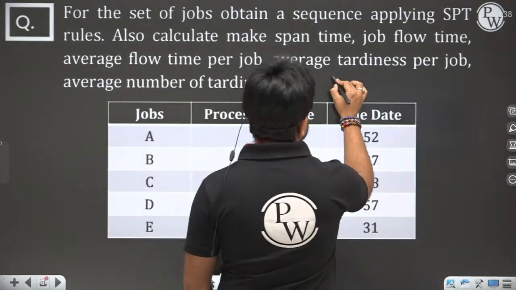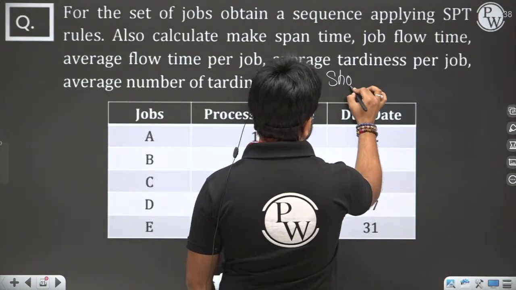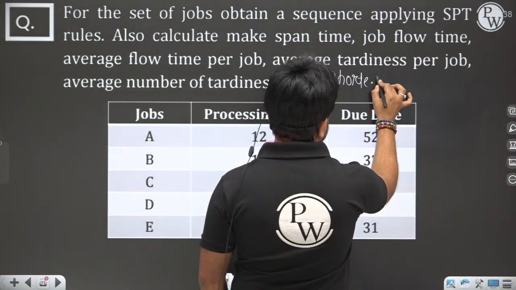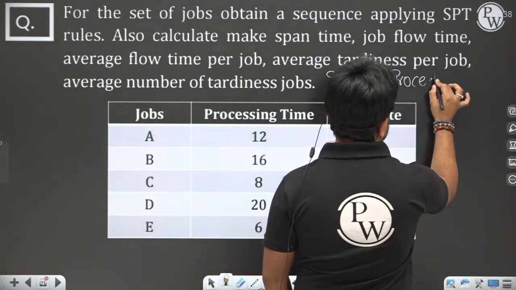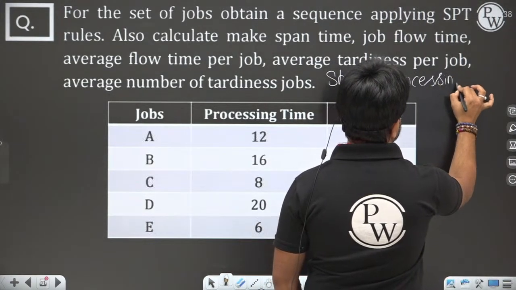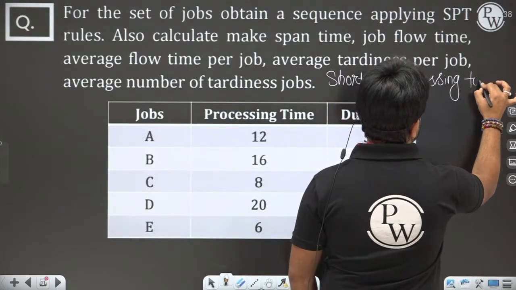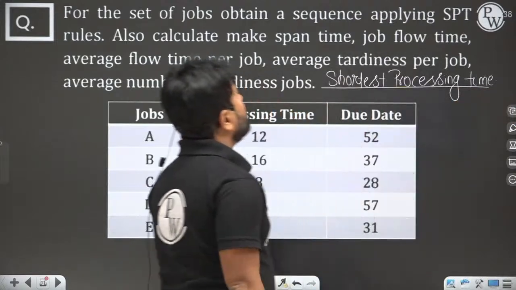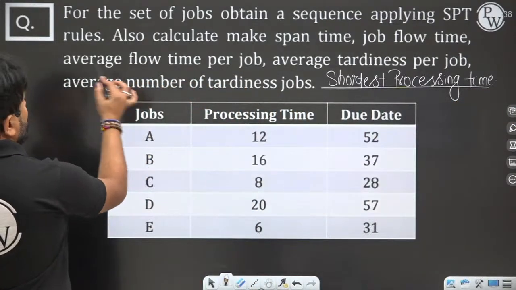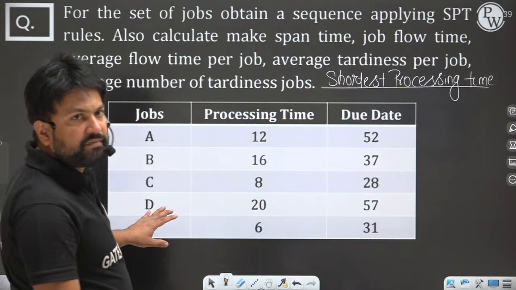So the SPT rule you have to apply and arrange the jobs.